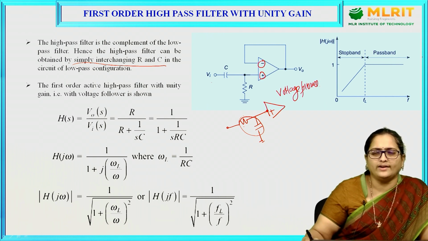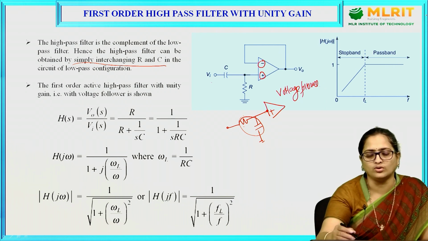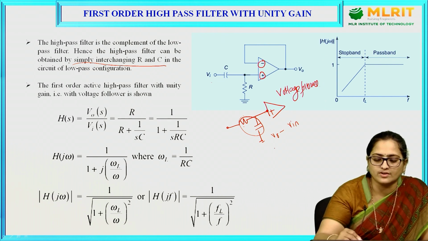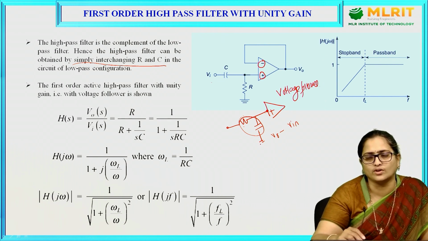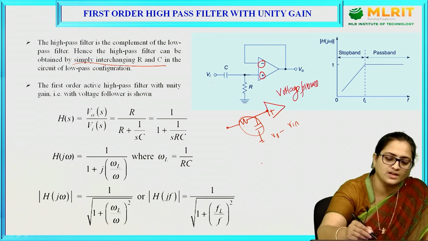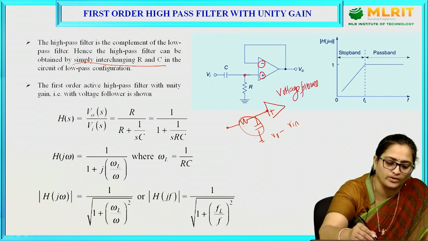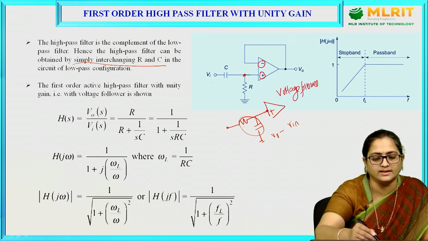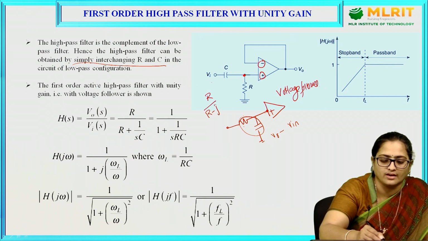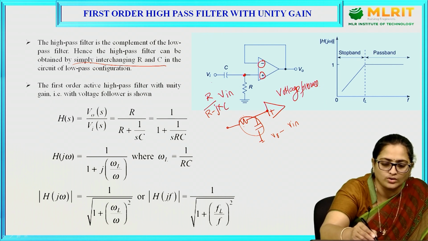Now, to find out the transfer function for this circuit, we need to determine output voltage in terms of input voltage. That is, transfer function is given as the ratio of output voltage to the input voltage. In order to determine the output voltage in terms of input voltage, I will apply the voltage divider rule over here, and I can write this as R by R minus jXC into Vin, which is the voltage across this point.